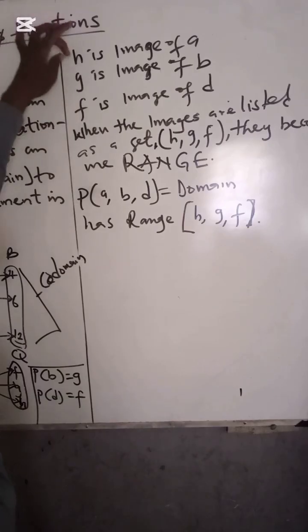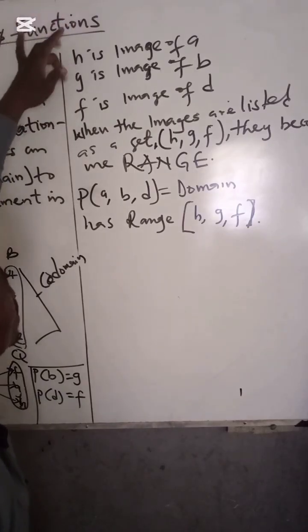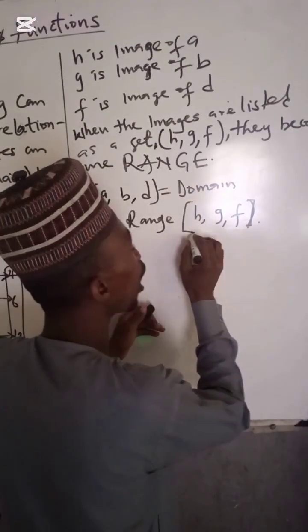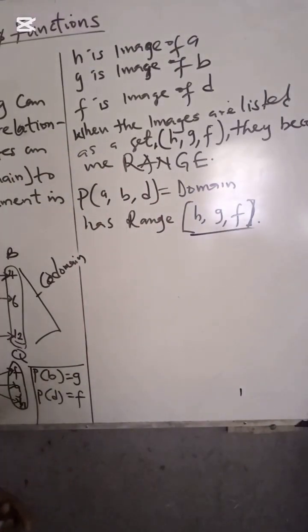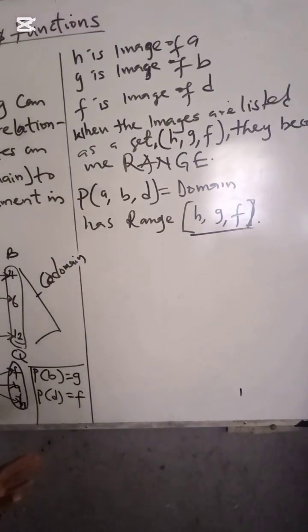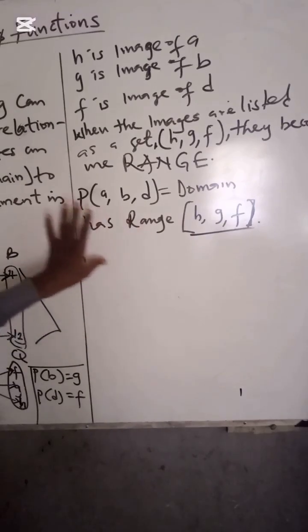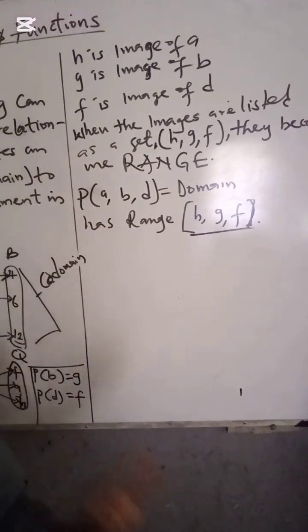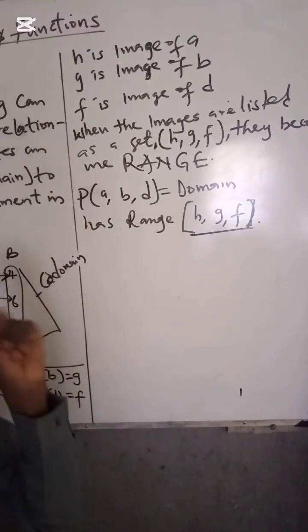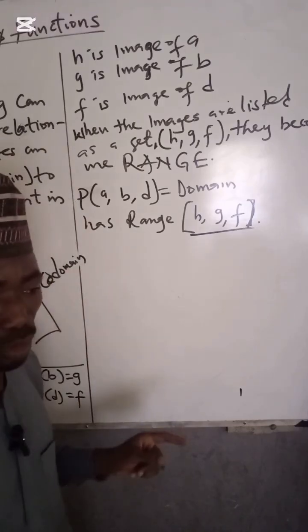Now, when we list the images together as a set, they become what? The range. So we say the range of set P is H, G, F. In a nutshell, this is what the definition of mapping is all about: that every input must have an output.